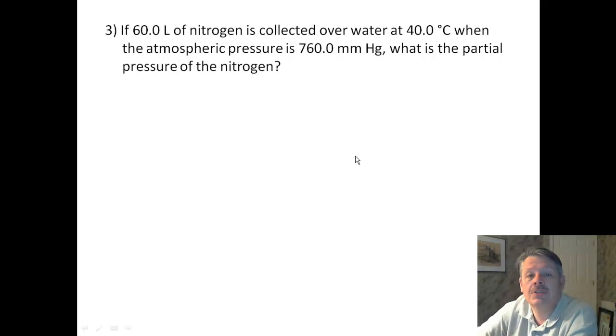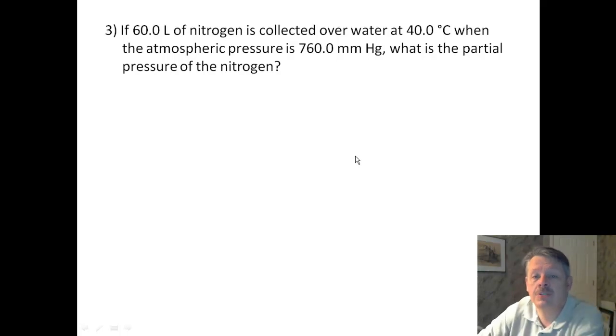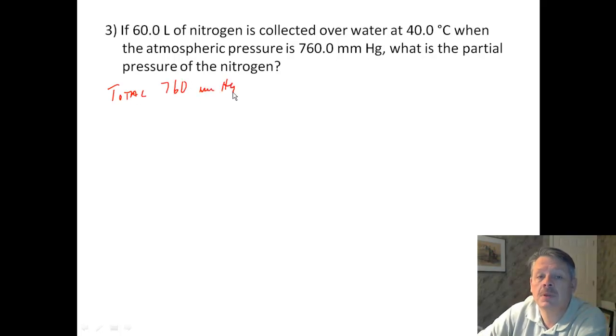All right, 60 liters of nitrogen is collected over water at 40 degrees centigrade. It's key that it's collected over water. So the atmospheric pressure is 760 millimeters of mercury, so the total is 760 millimeters of mercury. Okay, so the question is, you've got some which is nitrogen and some which is water.